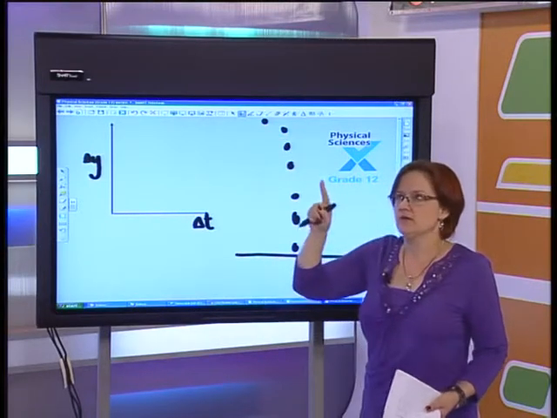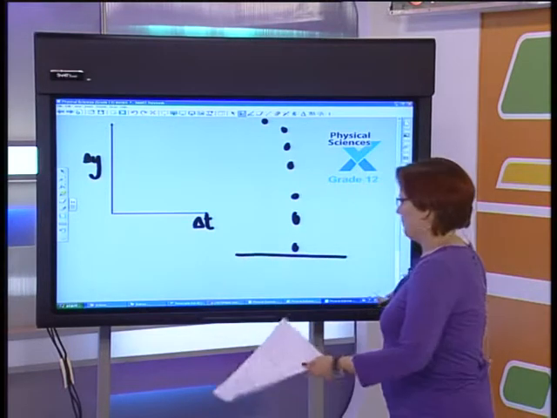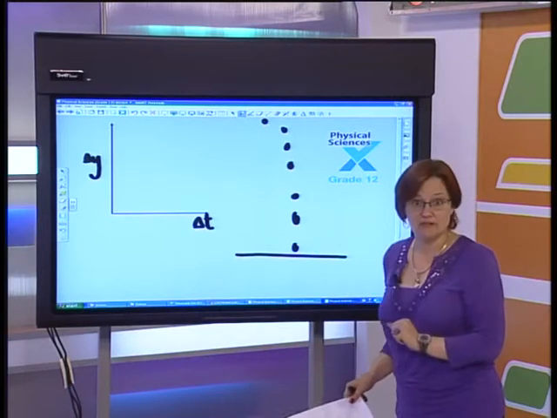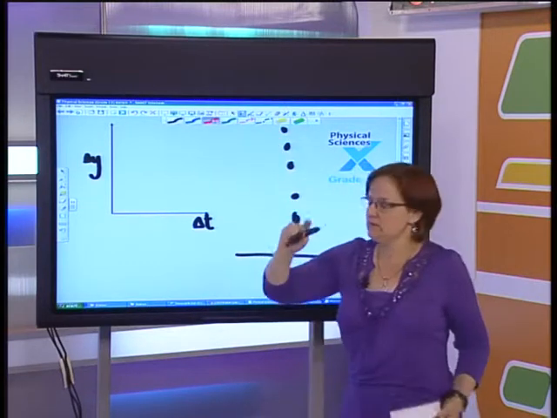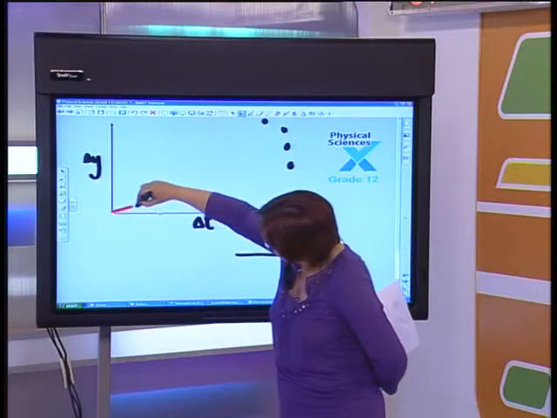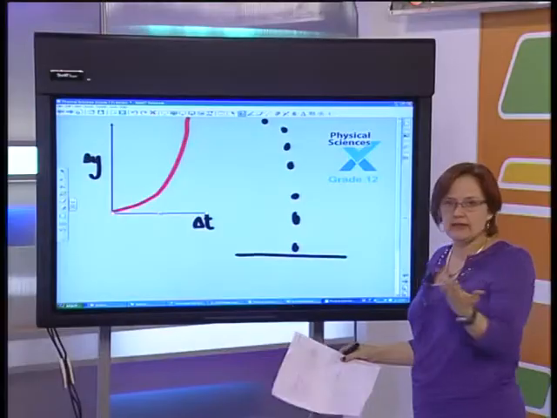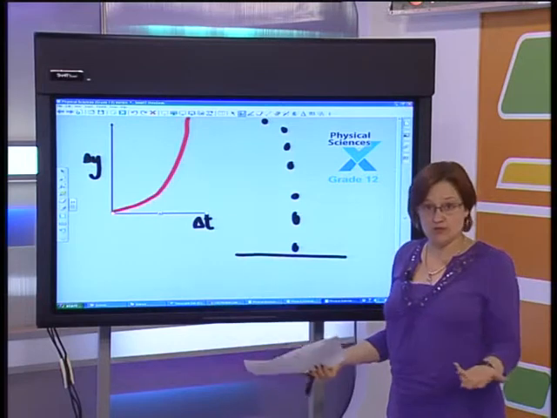Now as it's coming down, is it speeding up or slowing down? I'm hoping you're screaming at the TV right now: it's getting faster because it's accelerating, which is exactly what's happening. So we start, and then it gets faster and faster. Your graph will change shape depending on the circumstances and the information you're given.